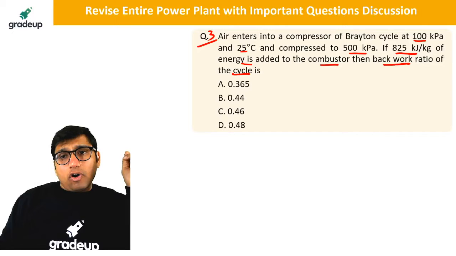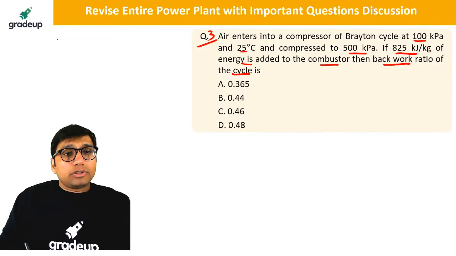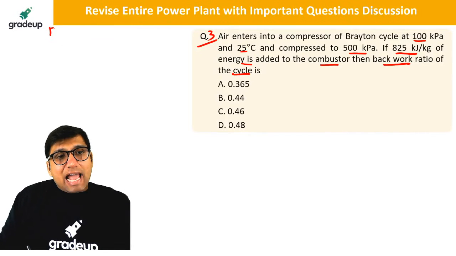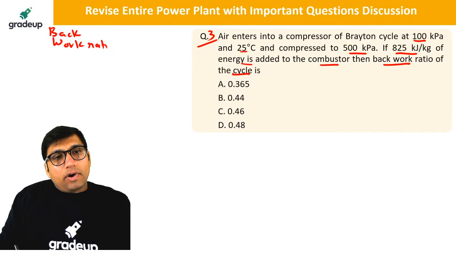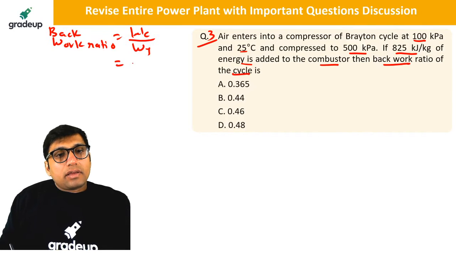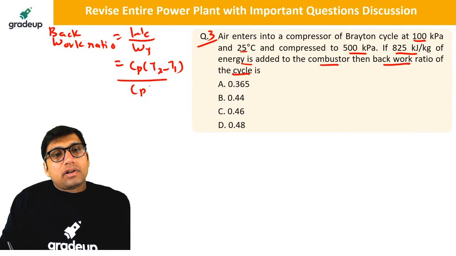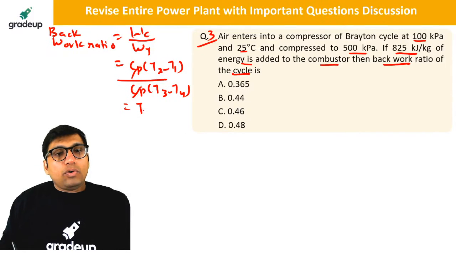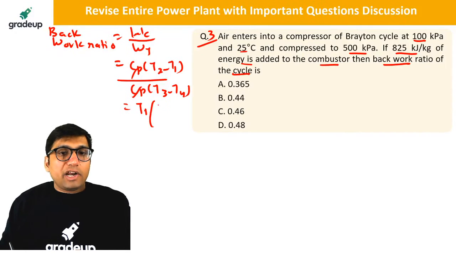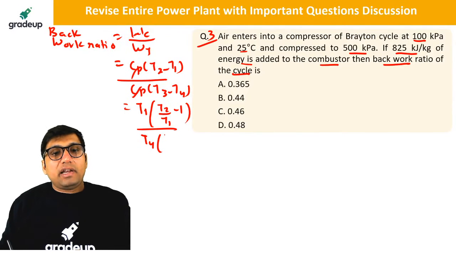If you have to find the value of back work ratio, it is very simple because you know that back work ratio is equal to the compressor work divided by turbine work. Compressor work is equal to Cp of T2 minus T1 and turbine work is equal to Cp of T3 minus T4. You can also write it as T1 times T2 by T1 minus 1, and you can take T4 common, this will be T3 by T4 minus 1.